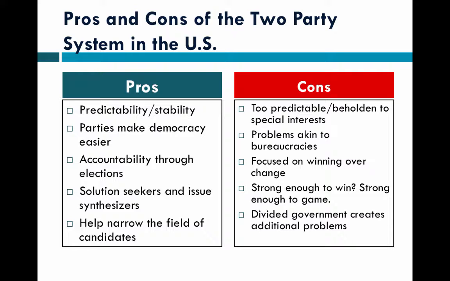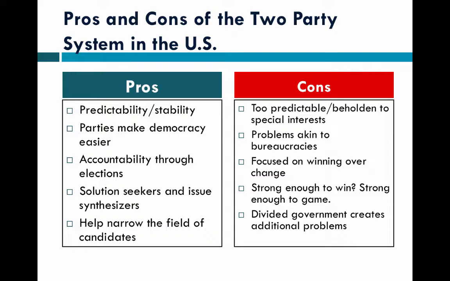When a party loses elections, they get the message that something is wrong and need to fix it. And they look for ways to solve issues and to synthesize issues in a way that is more palatable for the general public. And overall, they help narrow the field of candidates so we don't have large primaries where we have 20 people running for one congressional seat.